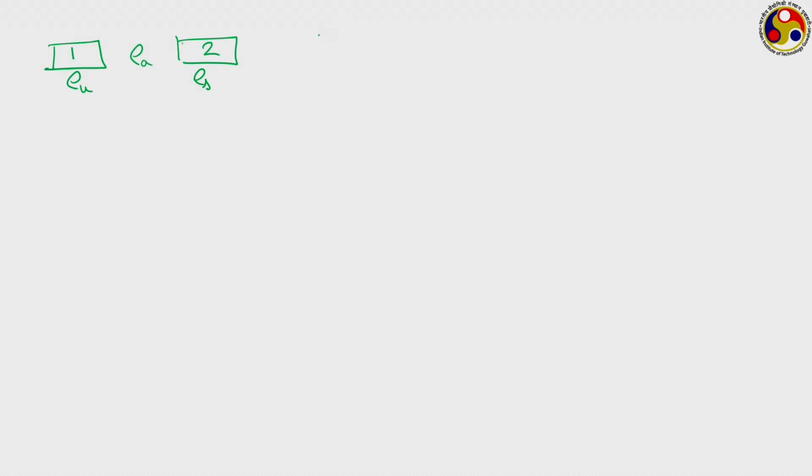The actual mass that we are trying to measure is rho u into V u, but because of the presence of buoyancy, the force that your balance is sensing is (rho u minus rho a) into V u, because following the Archimedes principle we know that any body immersed in a fluid will displace fluid equal to its own volume, and therefore the buoyancy force acting upon it will be equal to the weight of the corresponding volume of fluid.